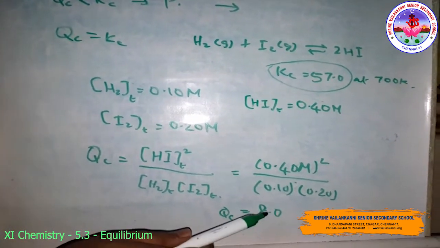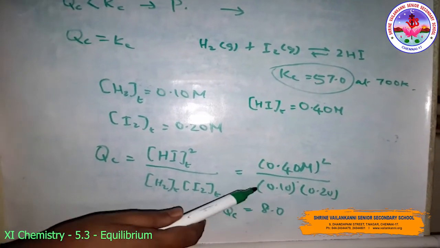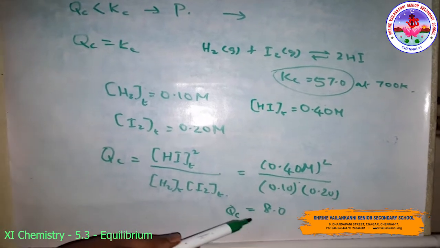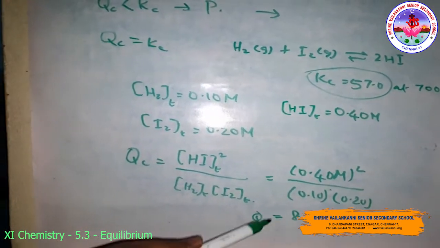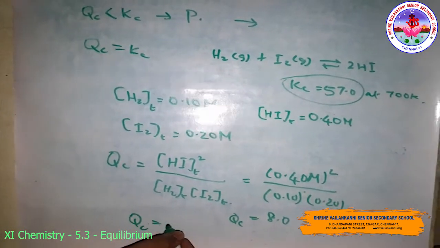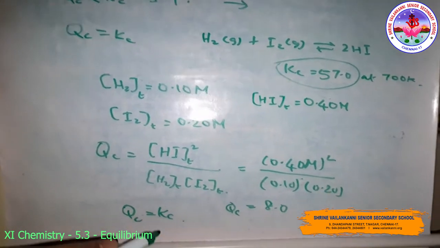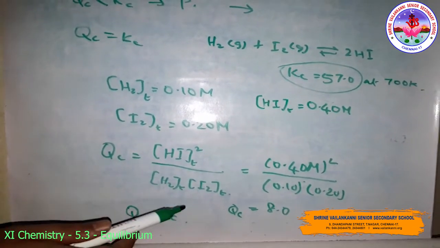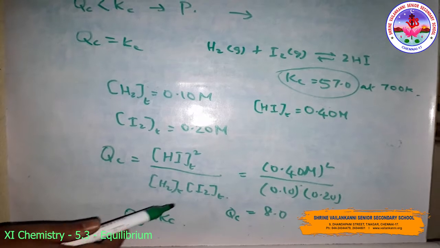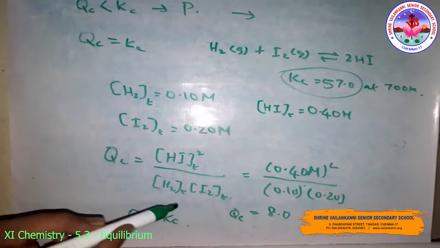More hydrogen gas and iodine gas will react to form more hydrogen iodide gas, and their concentrations will decrease until Qc is equal to Kc. So the reaction quotient Qc is useful for predicting the direction of the reaction by comparing the values of Qc and Kc.